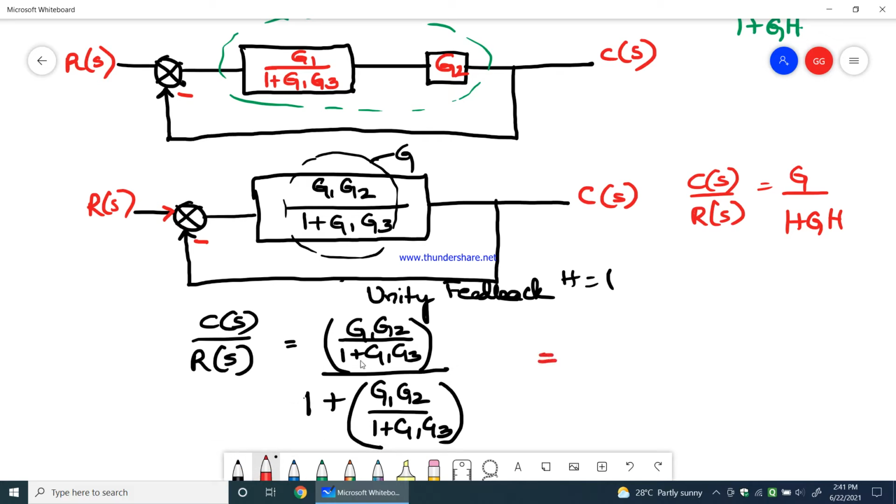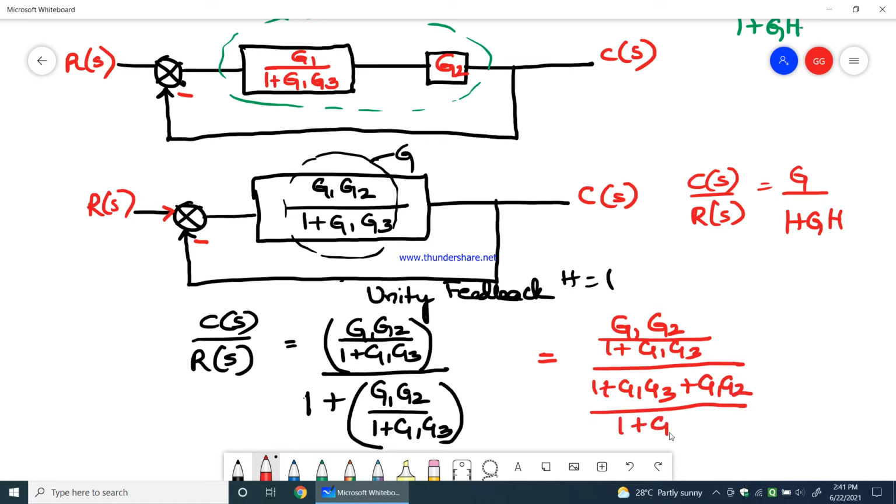Therefore it is equal to, if you take LCM, I will get G1 G2 divided by 1 plus G1 G3, whole thing divided by LCM. You take 1 plus G1 G3, that multiplied by 1, which is 1 plus G1 G3 plus G1 G2 divided by 1 plus G1 G3. Now here you see 1 plus G1 G3, 1 plus G1 G3 gets cancelled.